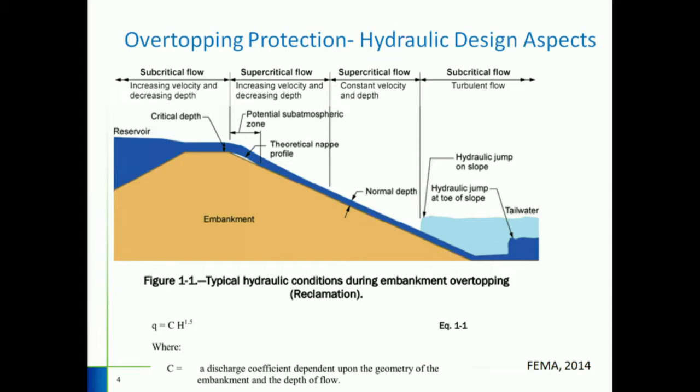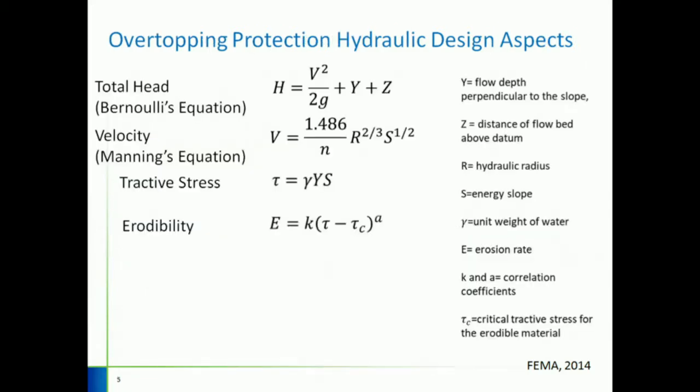The discharge equation is an equation that you've seen in the previous presentation. So some of the other important equations to use in the design. The velocity and the shear stress or tractive stress are the two more important equations that need to be made available for the design. And the terms used in these equations are given on the right.